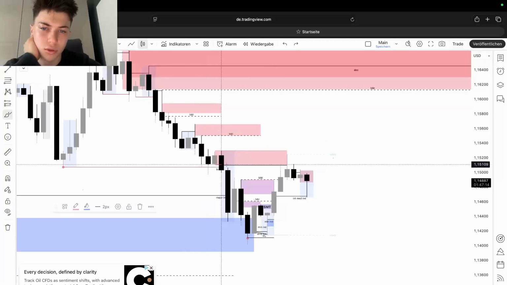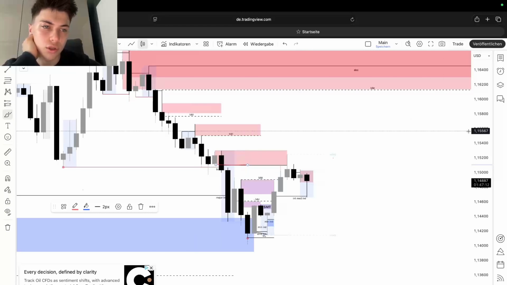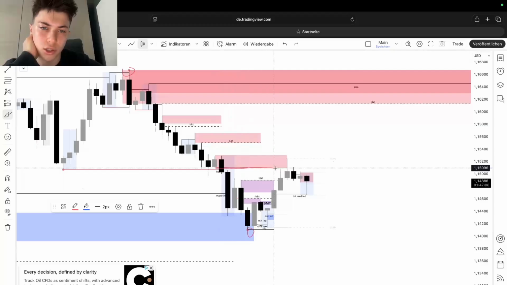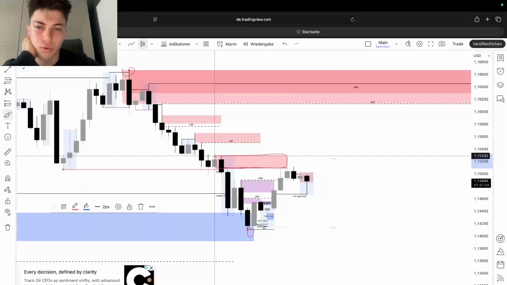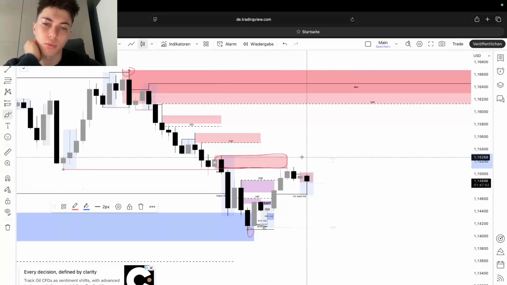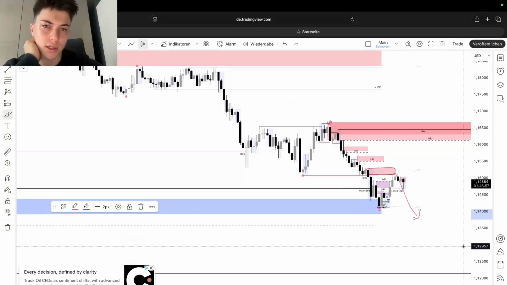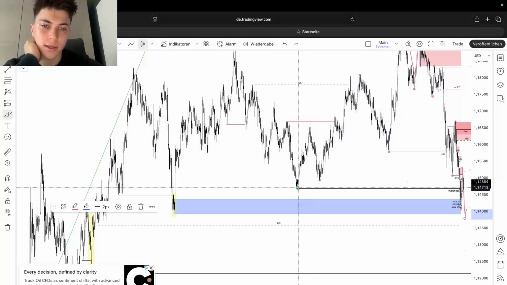But what is important on that POI is that if you look into the structure cycle from that lower high to that lower low, this has been our decisional supply block. So a very important structure POI from where we can expect price to create lower lows, especially as we broke that high low on the daily and we have been changing direction towards the downside.